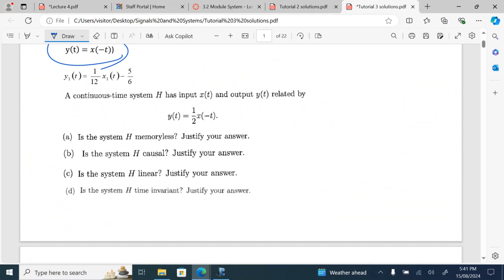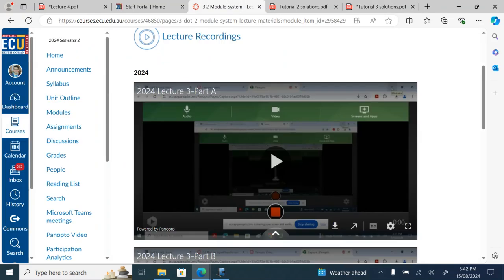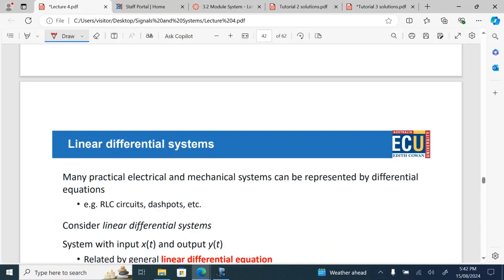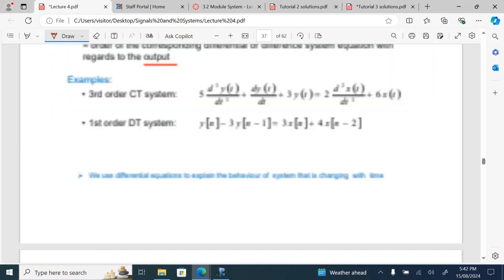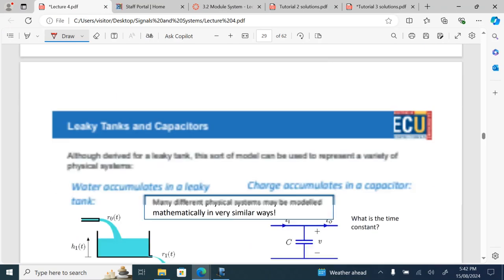So you may be given a system, and then you will be asked 4 questions. Check if it's memoryless, check if it's causal, check if it's linear, and check if it's time invariant. Now, I'll go back to the lecture so you can review what we talked about.